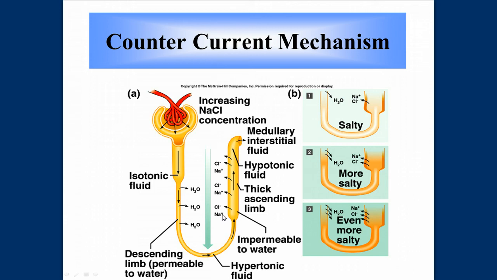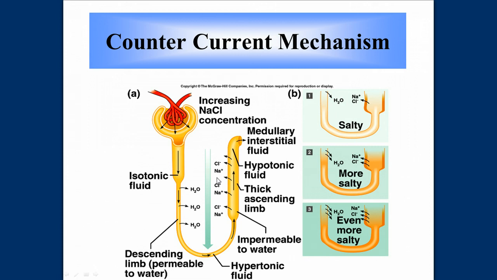This one just happens to have a positive charge, and it is moving out because the loop is permeable to sodium. Since it is positively charged, it's going to bring along with it a negatively charged ion, because negatives and positives attract. So it brings along chloride. What's sodium and chloride? Sodium chloride, salt.